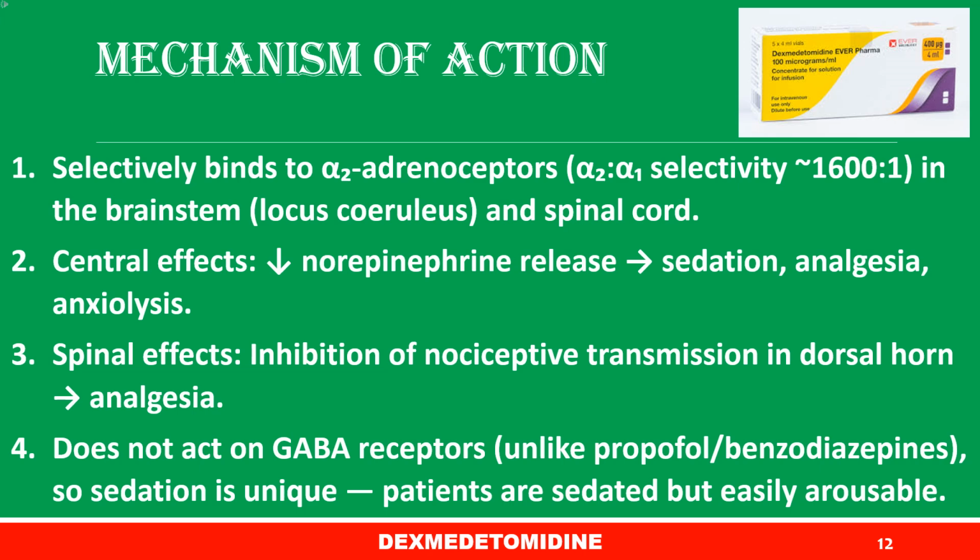In the spine, dexmedetomidine helps reduce pain signals. 4. Does not act on GABA receptors, unlike propofol and benzodiazepines, so sedation is unique. Patients are sedated but easily arousable. Dexmedetomidine's sedation is different because it doesn't work like other sedatives, propofol and benzodiazepines, on GABA receptors, so patients wake up easily.